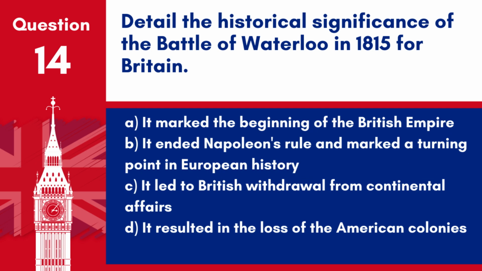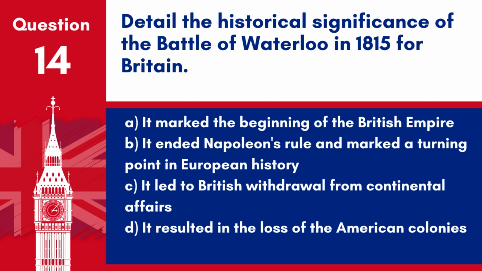Question 14. Detail the historical significance of the Battle of Waterloo in 1815 for Britain. A. It marked the beginning of the British Empire. B. It ended Napoleon's rule and marked a turning point in European history. C. It led to British withdrawal from continental affairs.